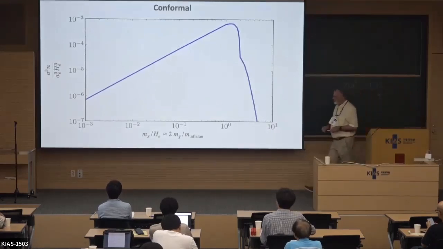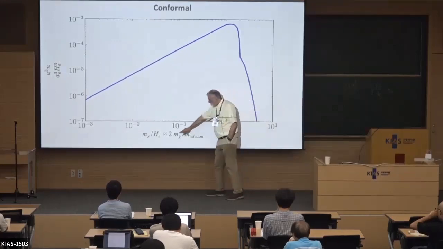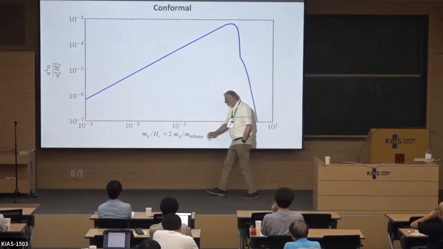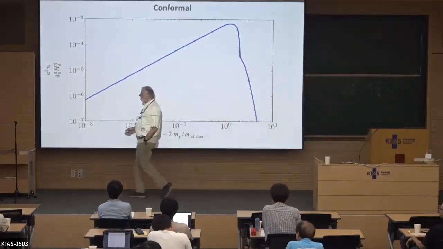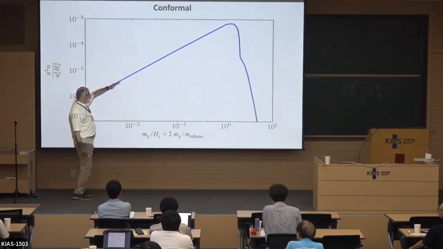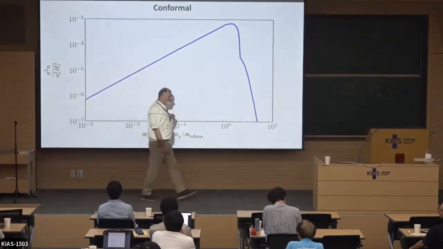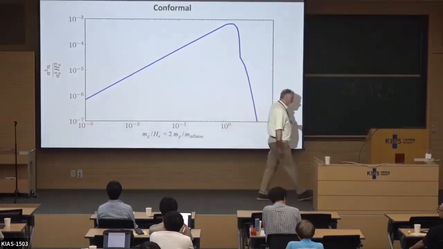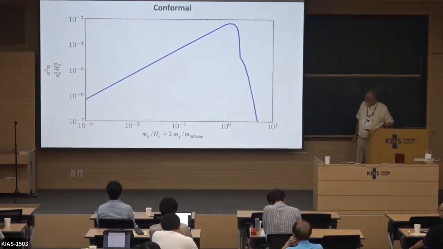So for small values of m over He or m over m inflaton, a cubed times n is going to be linear in m. So this is the result for Na cubed.